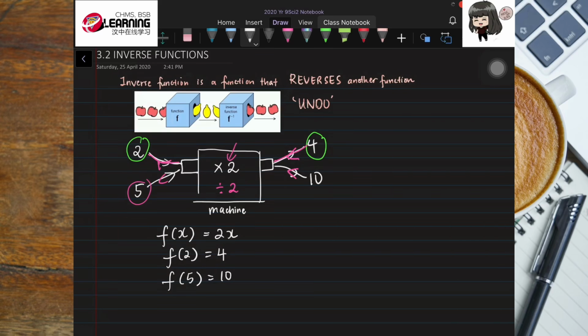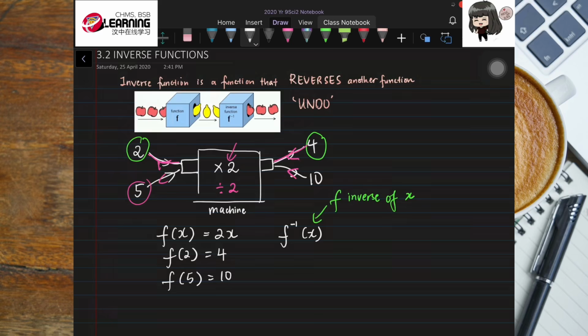The inverse function is denoted as f inverse of x, written as f negative 1 bracket x.